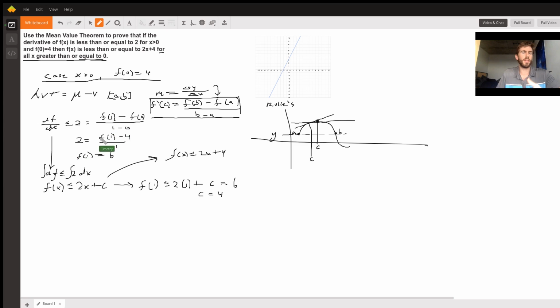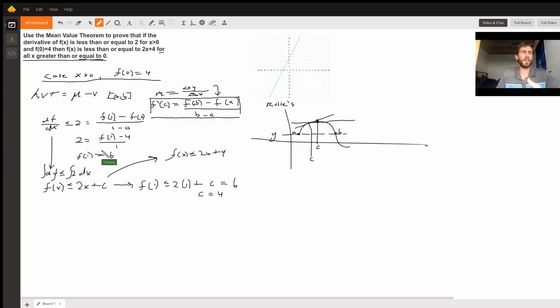So 2 is going to be equal to f of 1 minus 4, so we end up getting f of 1 is equal to 6. Once you get that, we now have another value. We just extrapolate another value just by using the mean value theorem for when x is 1.